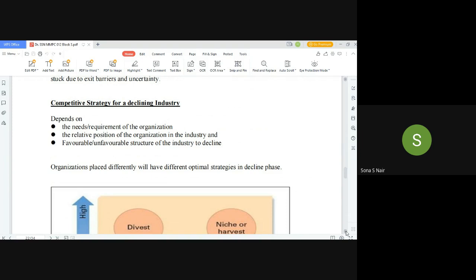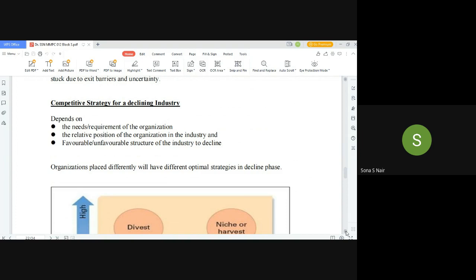And the favorable or unfavorable structure of the industry to decline means that some industry structures are favorable to decline, in the sense the decline will happen smoothly. But in some industry structures, the decline will not happen smoothly. It would lead to a lot of volatility.